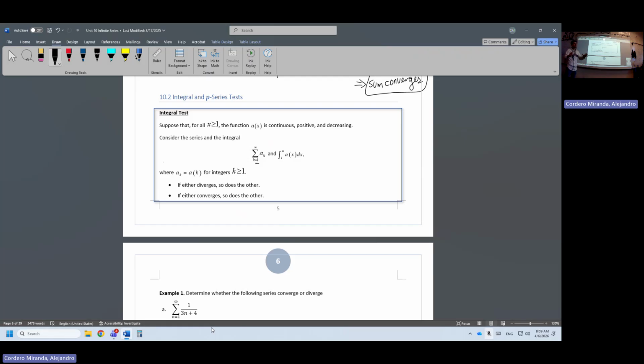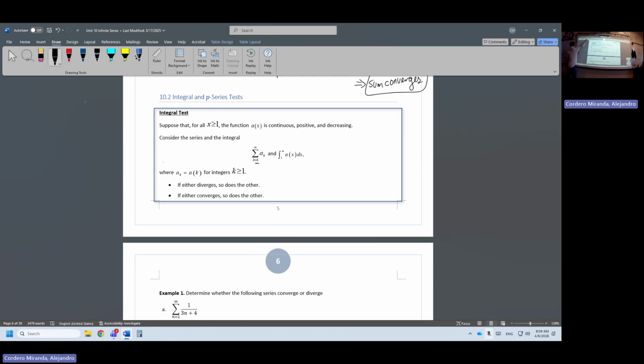If the integral converges, then the sum converges, and vice versa, actually. Then you'll see an example of what I'm talking about. Oh, no, there is one more thing to say about that.